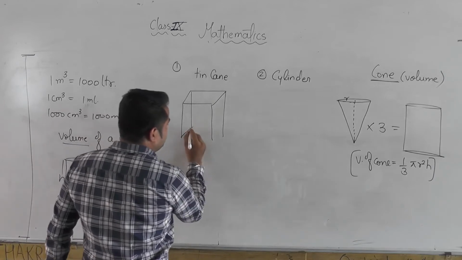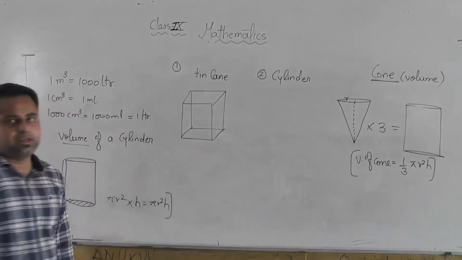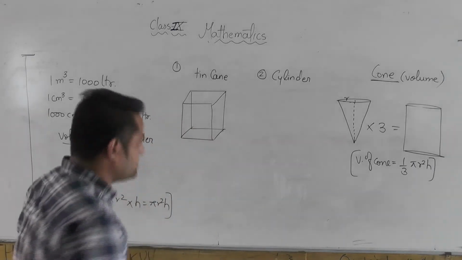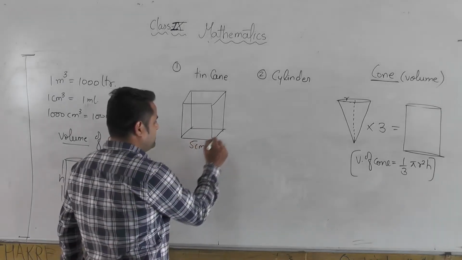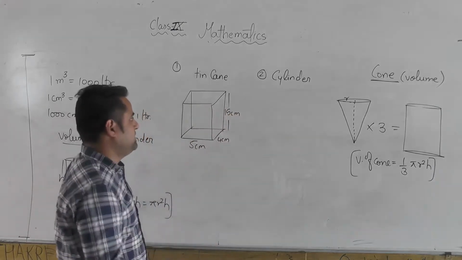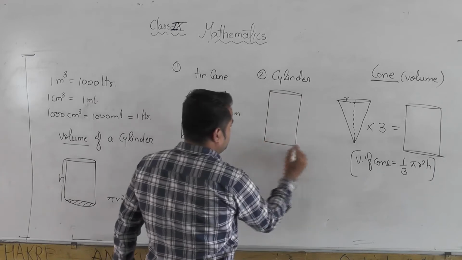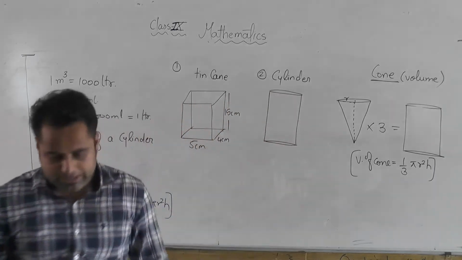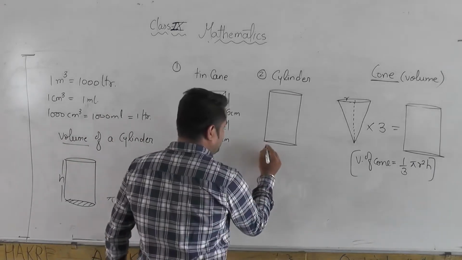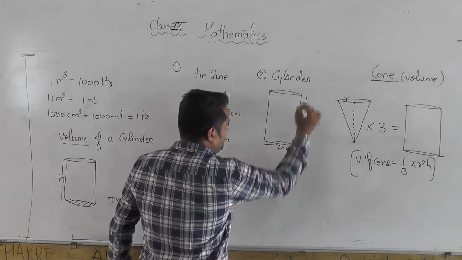You might have seen Tetra Pak in markets. Tetra Pak is quite rectangular if you have seen. In this Tetra Pak, the base is 5 and 4 centimeter and height is 15 centimeter. On the other hand, there is a cylindrical can which has a base diameter of 7 cm and height of 10.